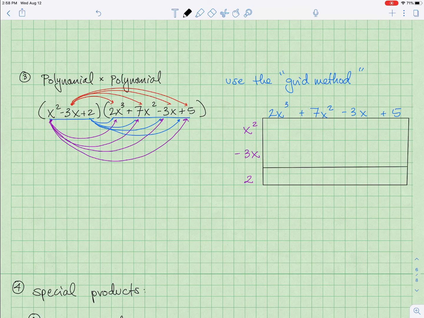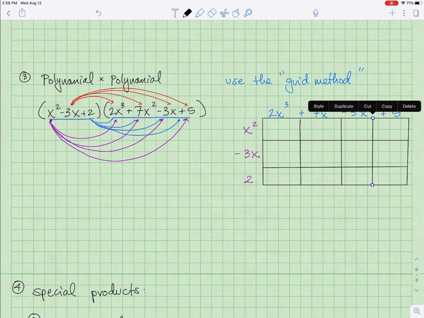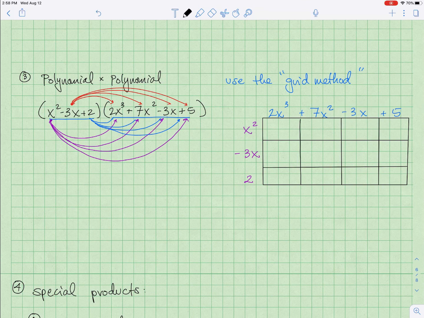That is, the 2 gets its own row, negative 3x gets its own row, x squared gets its own row, 2x cubed gets its own column, 7x squared gets its own column, negative 3x gets its own column, and 5 gets its own column. And then you fill out every single one of these squares, and you'll notice that there's 12 squares.